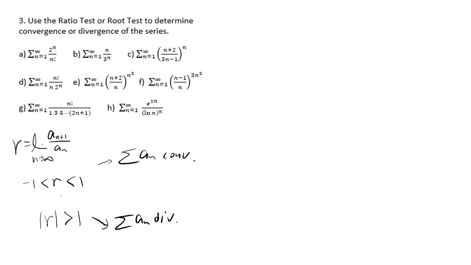And the important thing is when r is 1 or -1, then the ratio test is not enough. The test doesn't work for this, so you need to use another test.